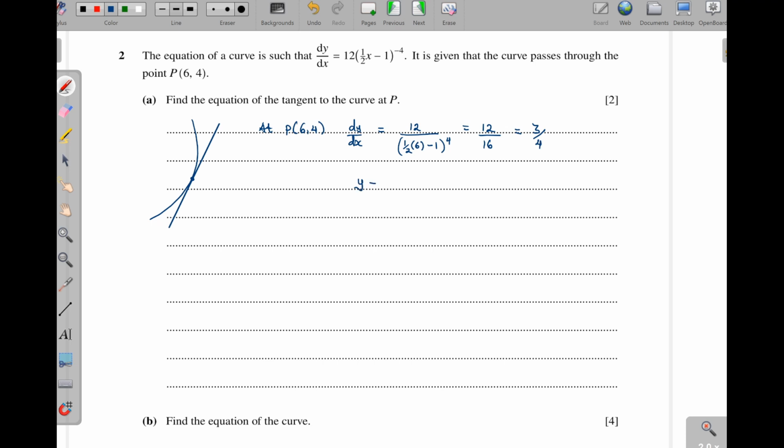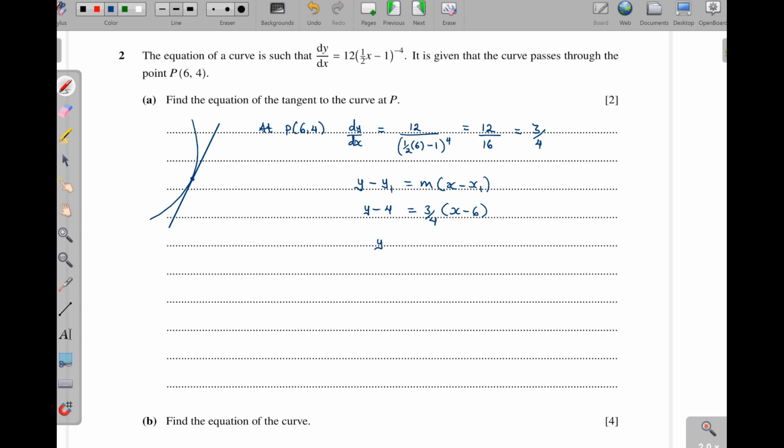Now using y minus y1 equals m times x minus x1, y minus our y1, which is 4 here, and m is 3 over 4, then x minus 6. Remember, to find the equation of a straight line, you need to get two things. Number one, the gradient, and at least one point through which the line passes to help you find the y-intercept.